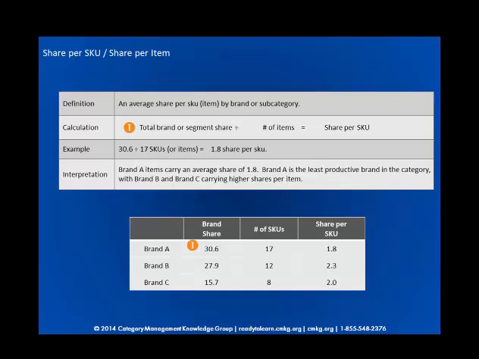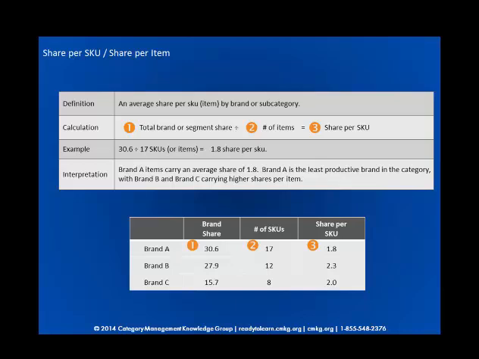So our total brand or segment share in this example for brand A is 30.6. So if we divide that by the number of SKUs for the brand, which is 17, we get a share per SKU of 1.8. So now that I have this share per SKU number, I can compare it across the brands to determine which brand is the most productive.